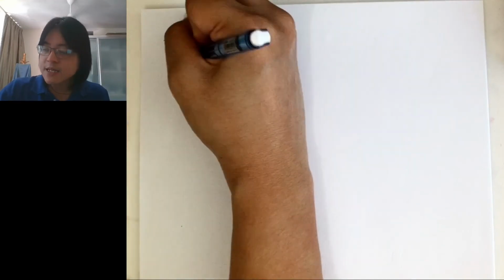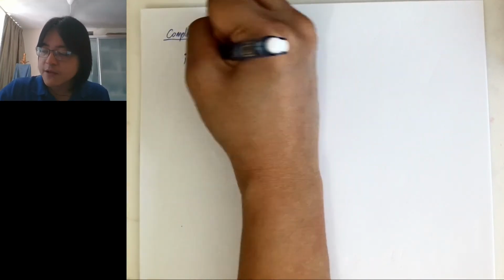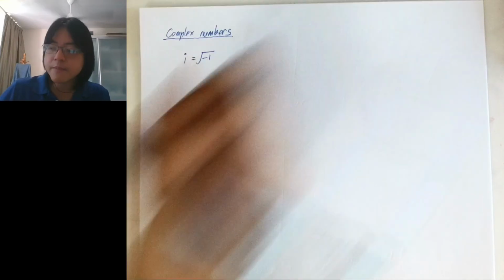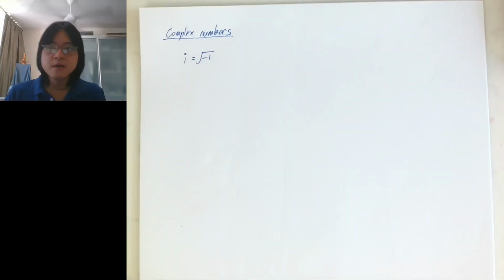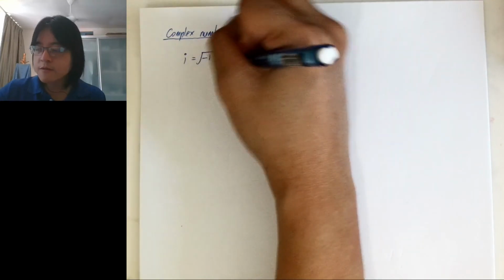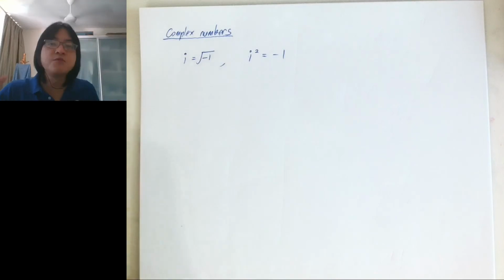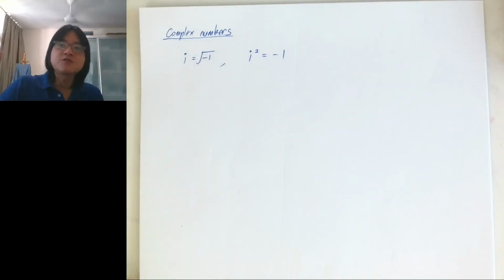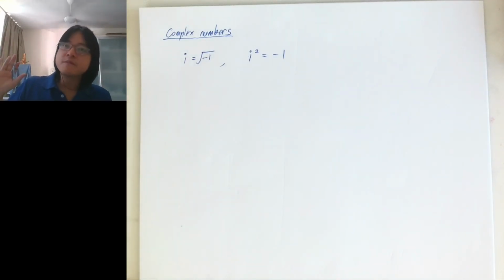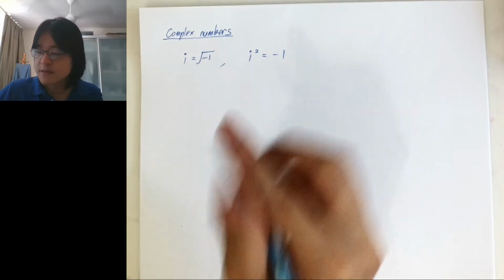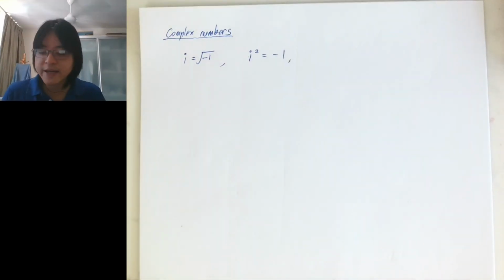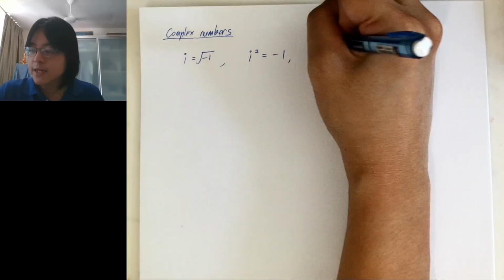A complex number is just a number i that is defined to be the square root of -1. Remember? I think it's learned in high school. It is a number that when you square it, you get -1, because normal numbers, if you square, must always be positive. But for the complex number, if you square, you get -1. A trick that we will use quite often is, what is 1 over i?